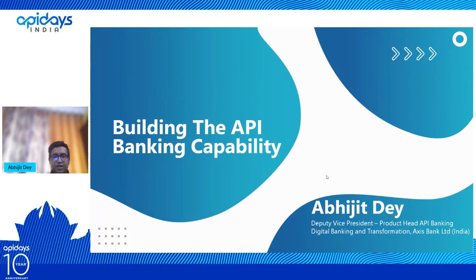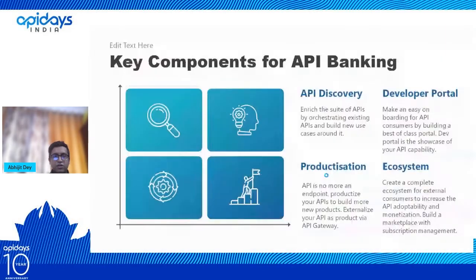I'll go ahead with the key components which we consider for API banking. One is API discovery. API discovery is where you need to start. Normally in banks there are multiple APIs, in India and even in our global peers. They must have thousands of APIs, but all these APIs are built as per requirement.